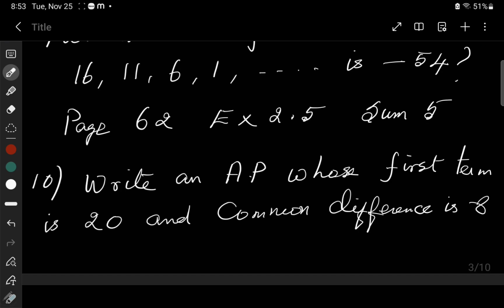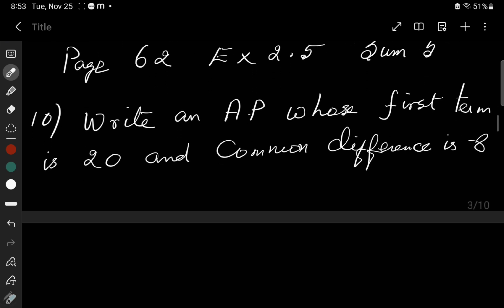See the 10th sum. Write an AP whose first term is 20 and common difference is 8. So here they have given A is 20, the first term, and common difference D is 8.